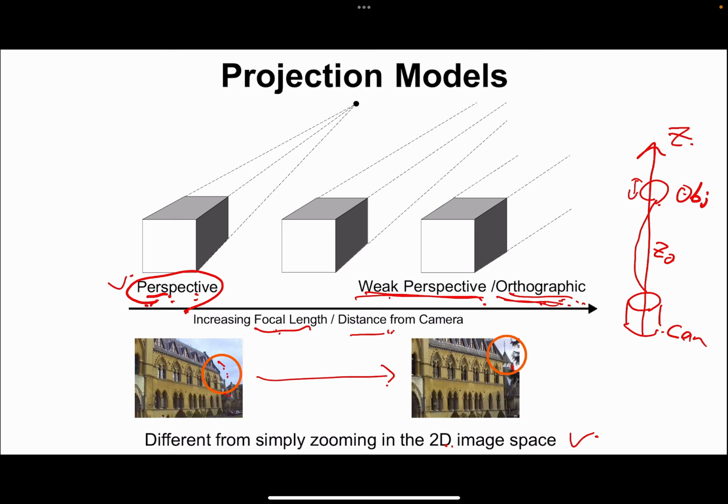Let's say this is C_cam and C_obj. If the size of the object is much smaller than the distance between the camera and the object, then we can consider this as a single point. We can approximate this as a single point. If the distance between the camera and the object is much larger than the size of the object, then we can treat this as a single object, so the impact of perspective projection becomes very small. In this specific case, we can call this a weak perspective, which is somewhere between perspective and orthographic projection.